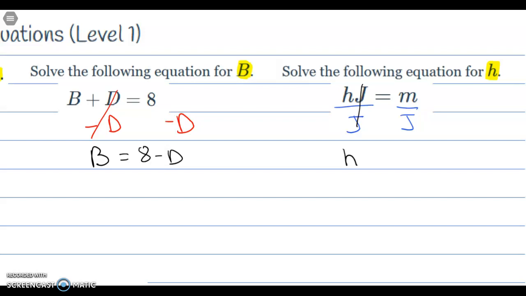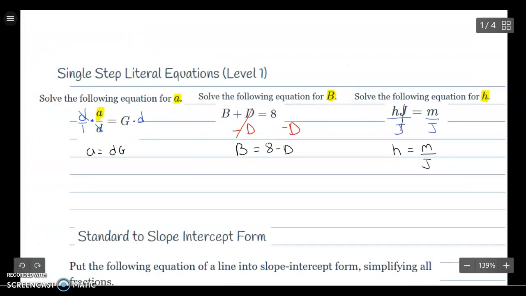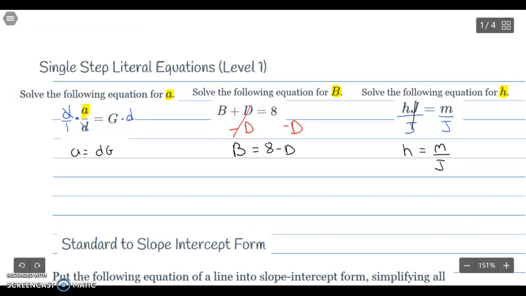You can't really divide M into J. We don't know what those numbers are. So you're just going to write M over uppercase J. All right. Now that is single step literal equations.